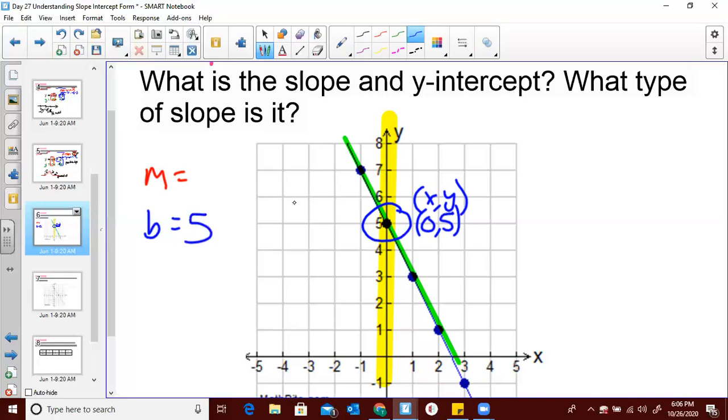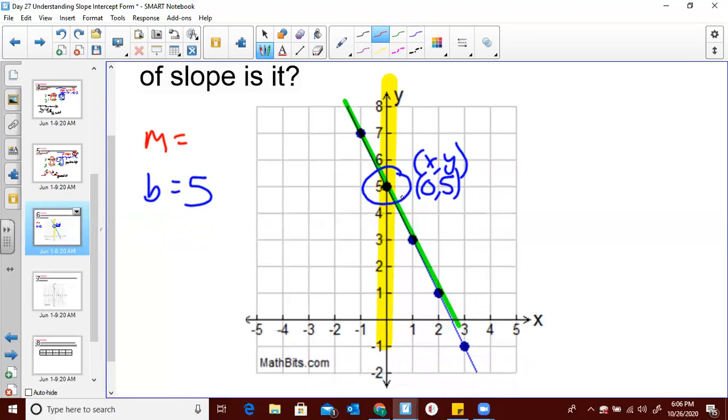So now we have to go look for our slope. All right, so this isn't going to take a ton of effort, but it is going to take a little bit of math. So we want to remember our rise over run. We're starting at this point, right where y equals 5, because we've already established this point. We want to go to another point.